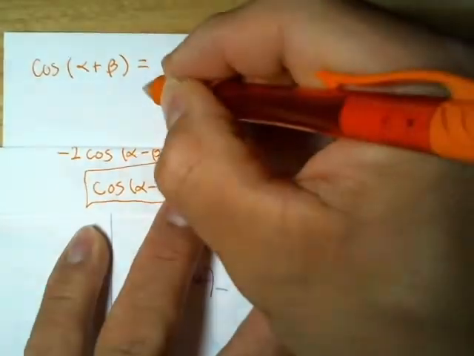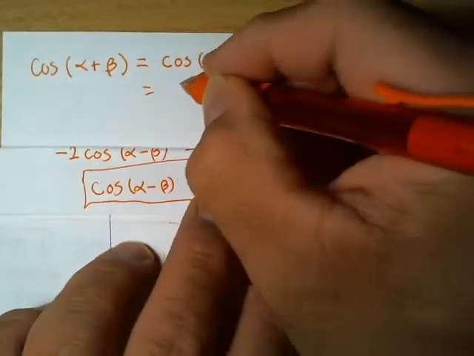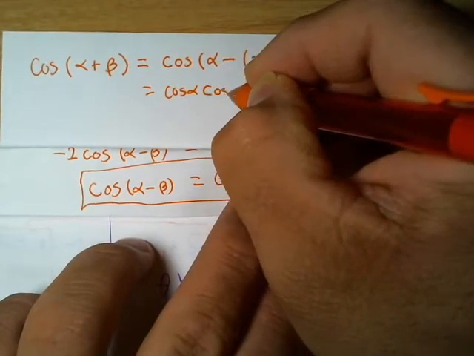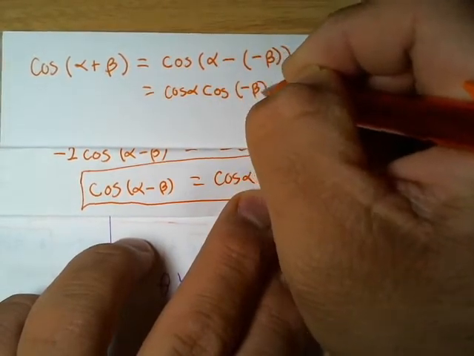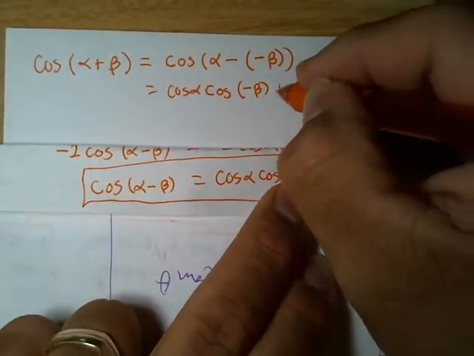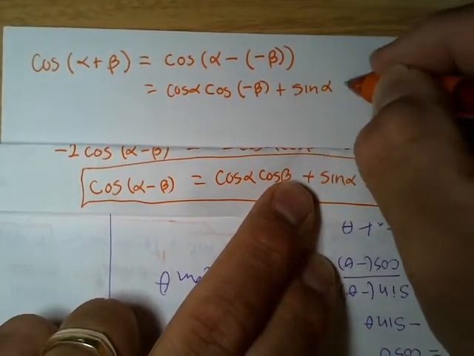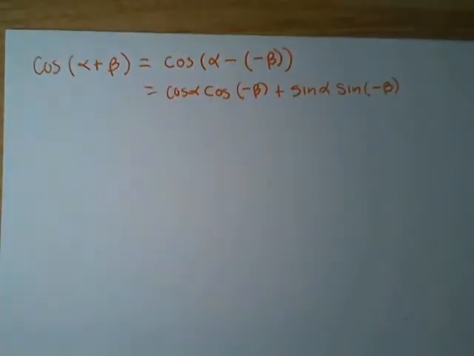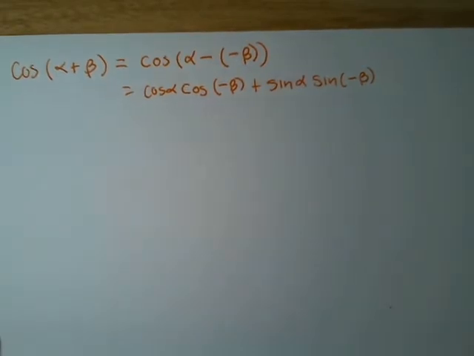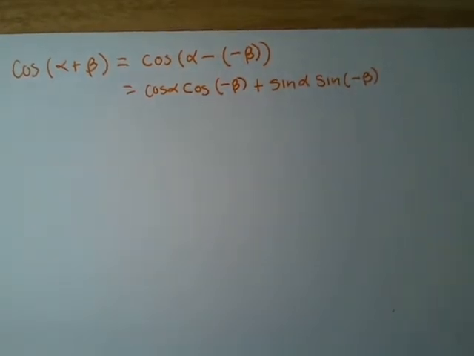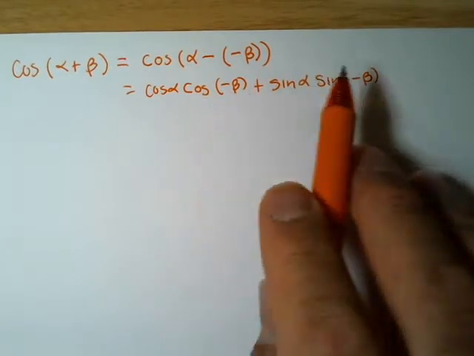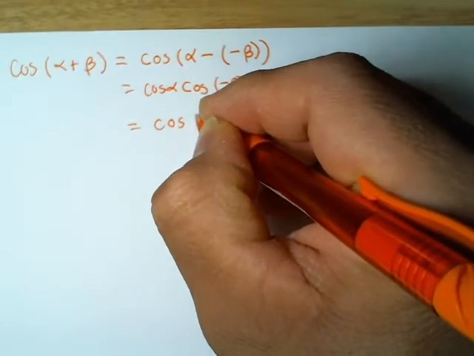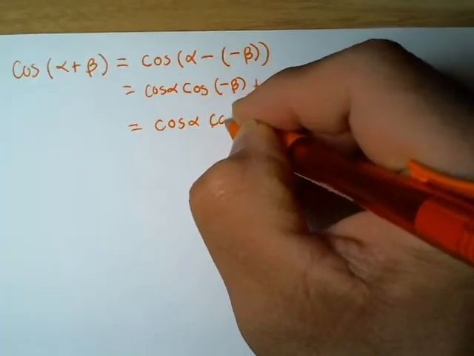Okay, so if we do that, cosine of alpha, cosine of beta, in this case, beta takes the form of negative beta, plus sine of alpha, sine of negative beta. All right, so I applied the formula there. And now I know even odd identities here. I know that the cosine is an even function, so cosine of negative beta is just cosine of beta.